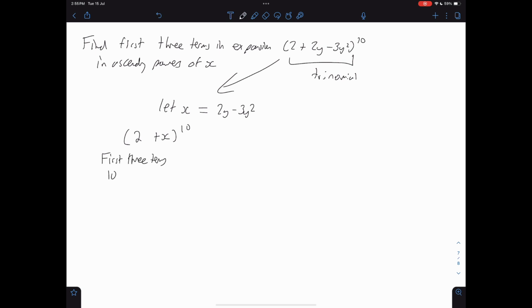So let's first calculate the first 3 terms in terms of x. You'll know this, 10 choose 0, then you go up to 10 choose 1, then to 10 choose 2. And then you're decreasing the power of 2 and you're increasing the power of x.